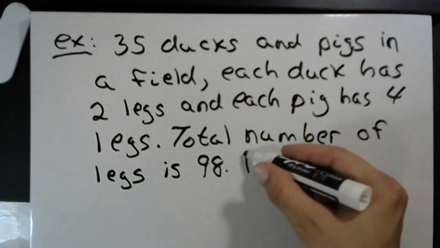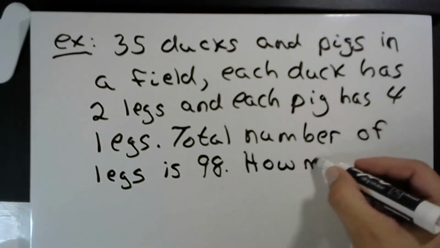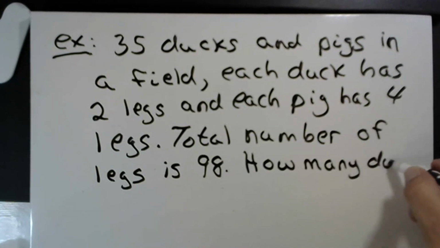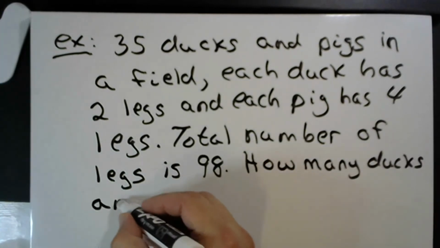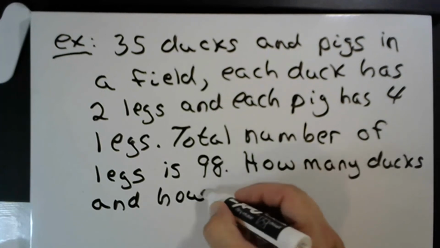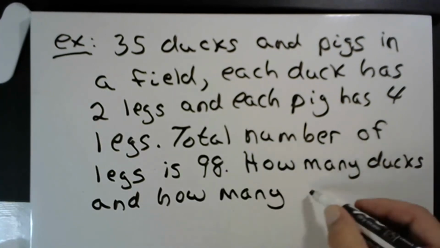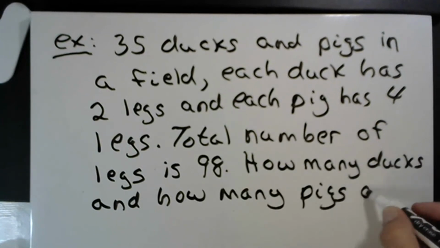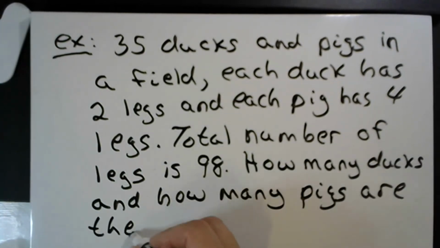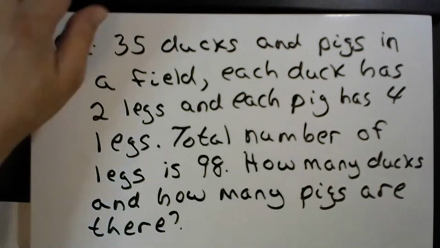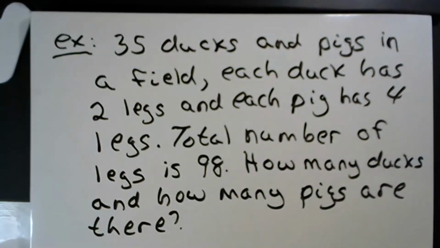So how many ducks and how many pigs are there? So you have 35 ducks and pigs. Each duck has 2 legs, each pig has 4. The total number of legs is 98. How many ducks and how many pigs are there?